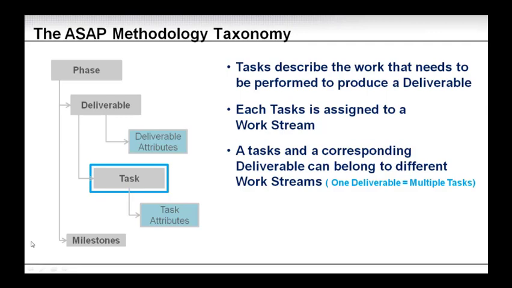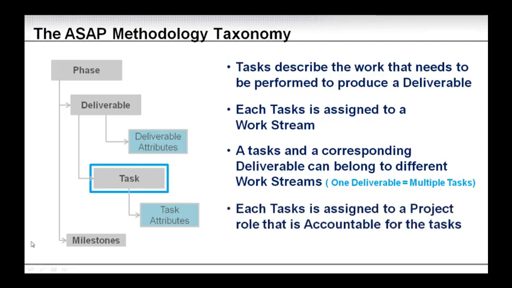So this task that the technical team needs to complete, once it's done, it will contribute to producing a deliverable that it's linked to, which might be assigned to a different work stream. So you could say one deliverable can equal multiple tasks, or one task.